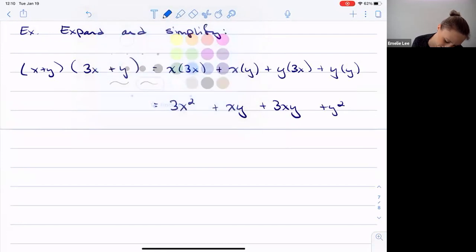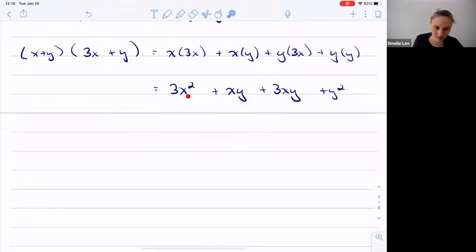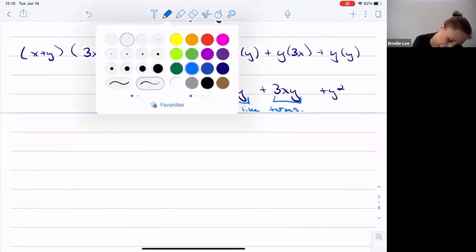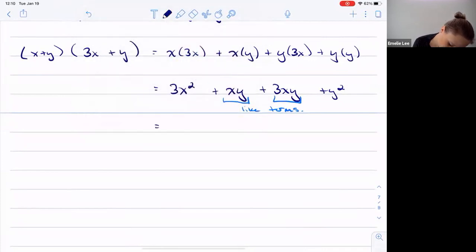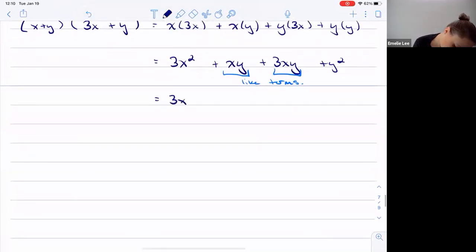Here I've got an x squared term and a y squared term, but I've also got x and y terms. These are like terms. So this becomes 3x squared plus xy plus 3xy.